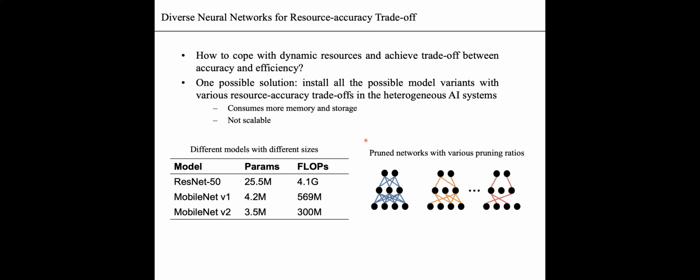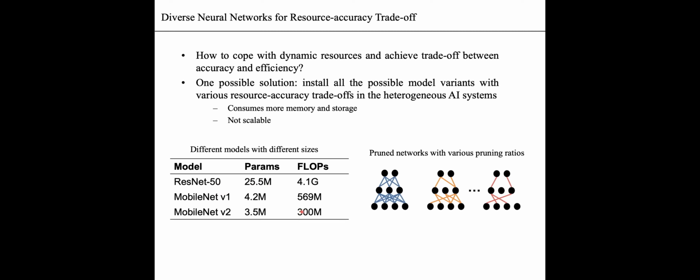Now you know the problem we want to solve: how to cope with this dynamic resource to achieve a trade-off between accuracy and efficiency. One possible, straightforward solution is to install all possible model variants that have different resource and accuracy trade-offs in the AI system or device. For example, we can install multiple different models like ResNet, a large model, and then a smaller, an even smaller model, MobileNet V2.